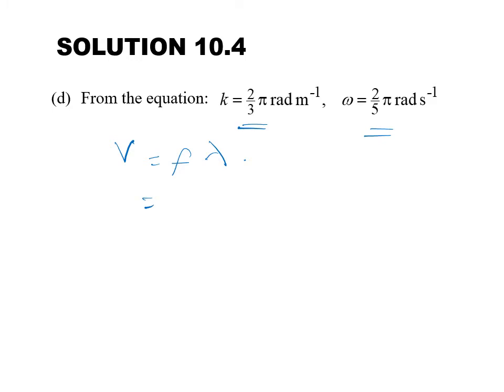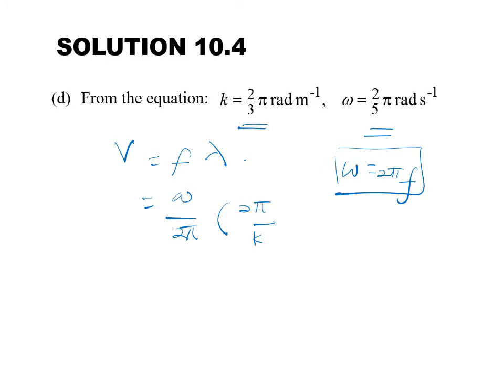F we replace with omega over 2 pi. It comes from this equation: omega is equal to 2 pi f, and our lambda is 2 pi over k. We take it from the equation k equals 2 pi over lambda.